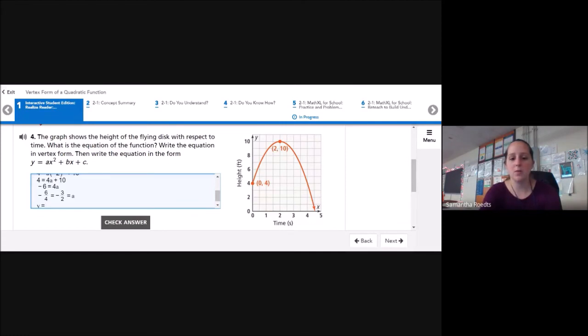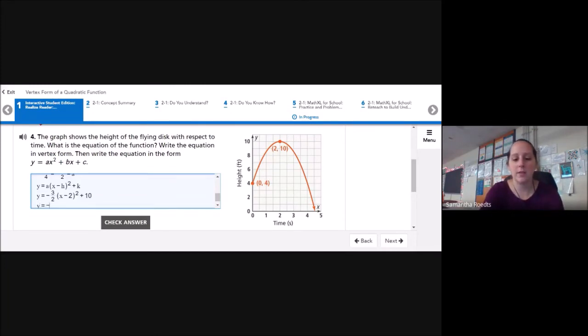So y equals a times (x minus h) squared plus k. So y equals negative 3/2 times (x minus 2) squared plus 10. So that's my vertex form. Then I'm going to multiply this out.